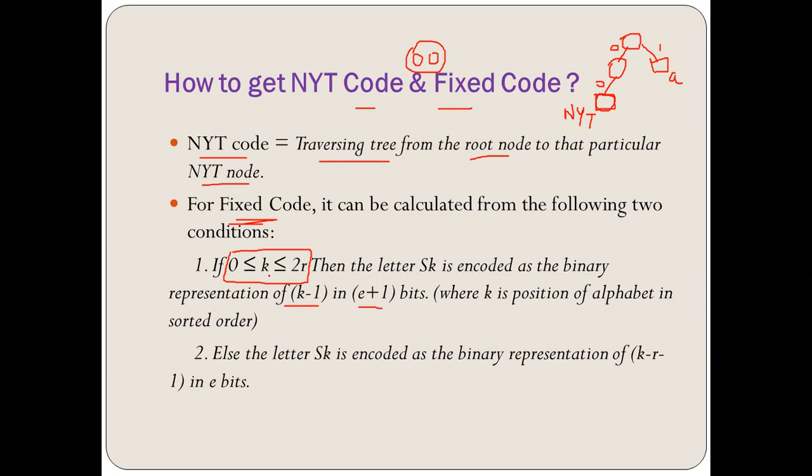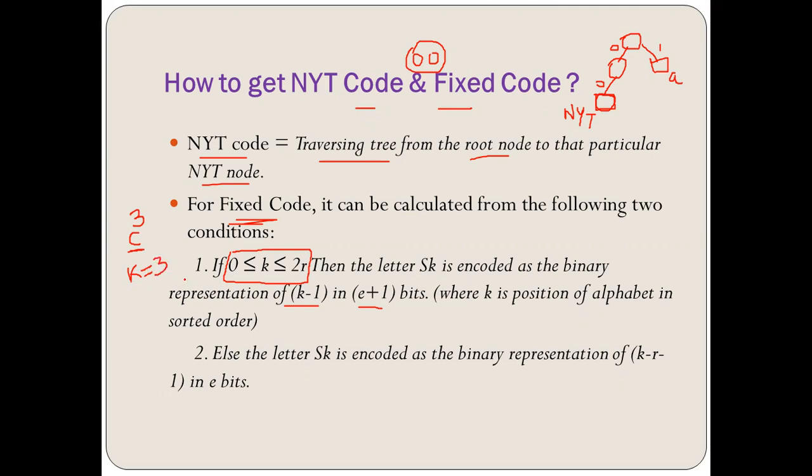We have already seen it in the earlier lecture in series 1 of adaptive Huffman coding. K is the position of the alphabet in the total alphabets. Let's say I have encountered a symbol C. What is the position of C in the alphabets? A is 1, B is 2, and C is 3. So 3 is the position of symbol C, and for C, the value of K will be 3.